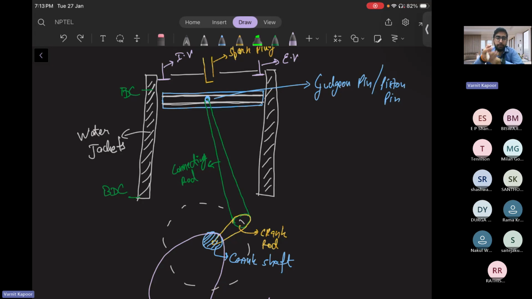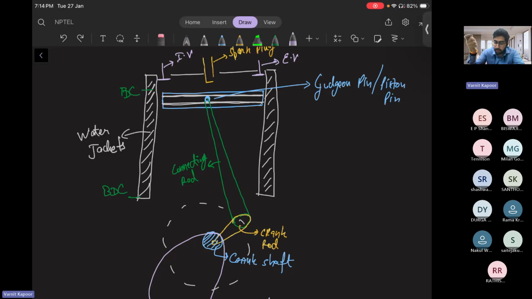Say 1000 rpm, 4000 rpm, 5000 rpm a vehicle has. So per minute you are experiencing 5000, 10,000 revolutions. So how much stress this pin is carrying. If this pin breaks, your whole assembly breaks. So the gudgeon pin is very important, because it is carrying a very high stress scenario.